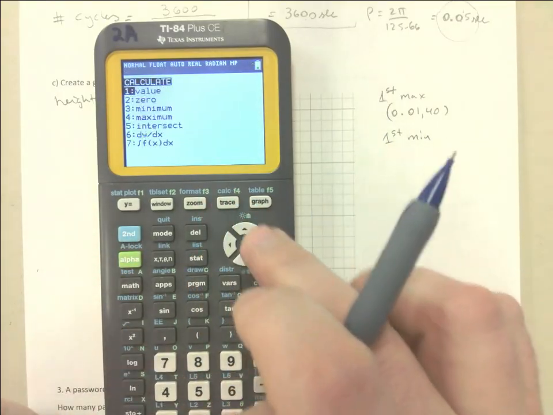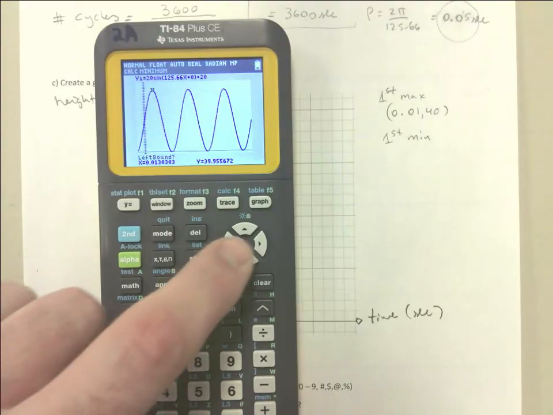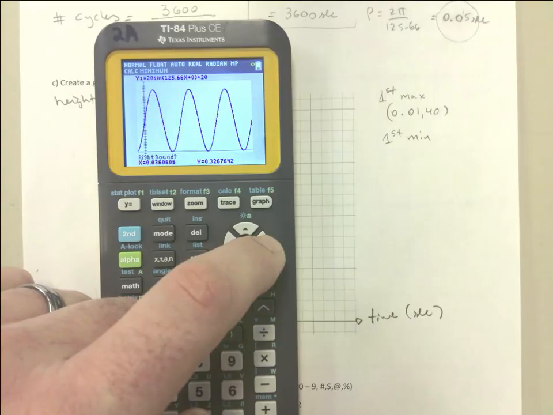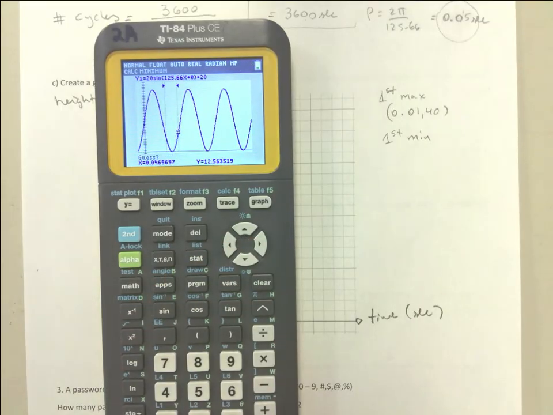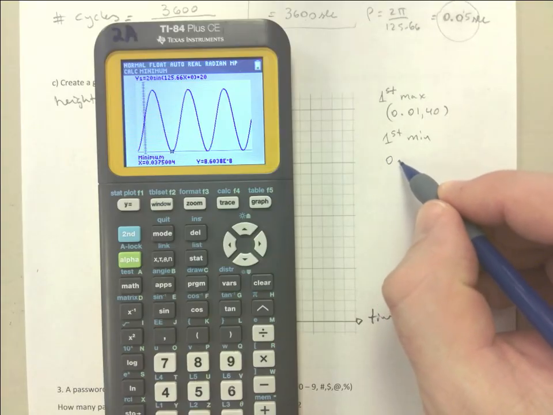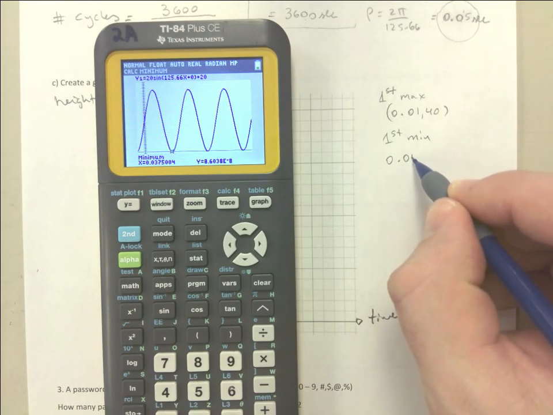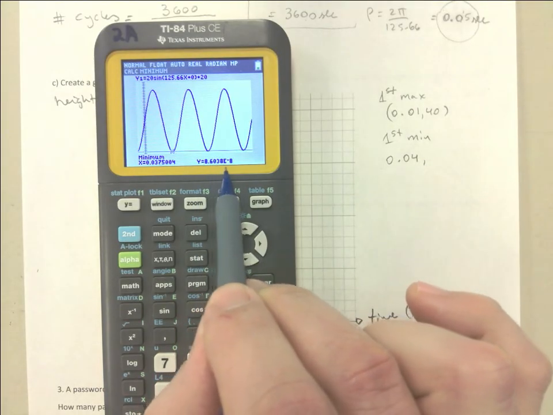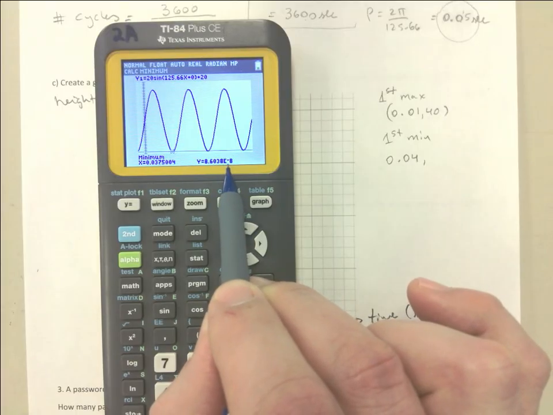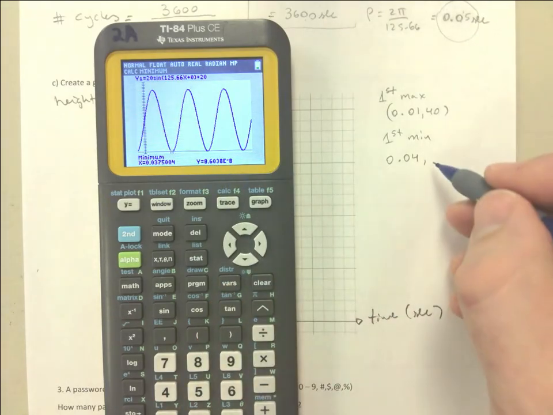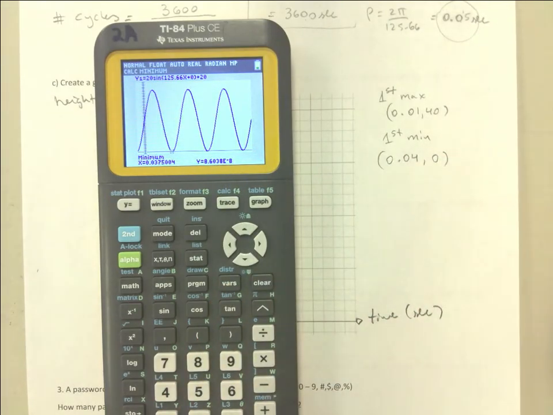Second trace minimum. Let's go ahead and find it. To the left, then to the right. So you hit enter every time. That one is 0.04. And watch this. What would we call this when you have e to the negative anything? For us, that is 0. And it's not surprising that's the lowest we ever get to.